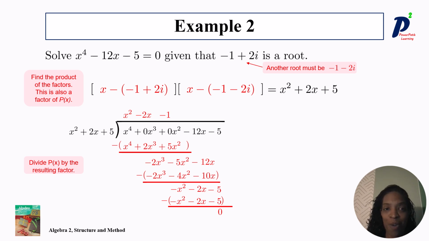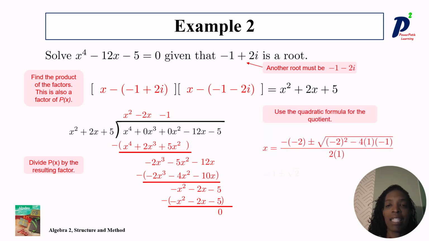Okay, now we're going to take x squared minus 2x minus 1 and use the quadratic formula to solve that factor. And I get 1 plus or minus the square root of 2. So I need to gather everything together. Okay, so I know that I have negative 1 plus 2i, negative 1 minus 2i, 1 plus square root of 2, and 1 minus the square root of 2.